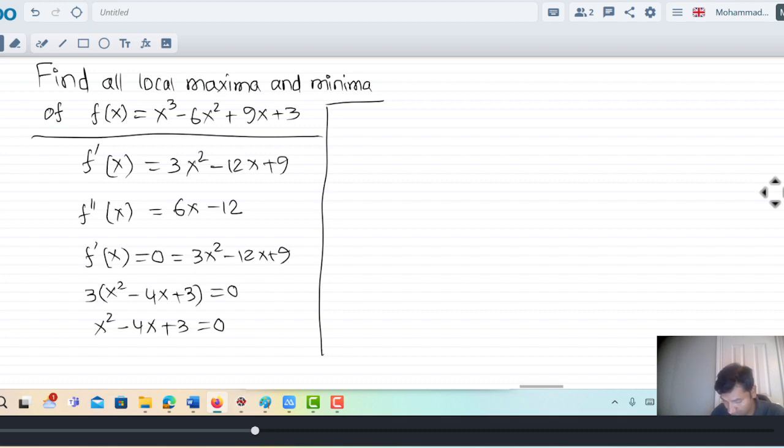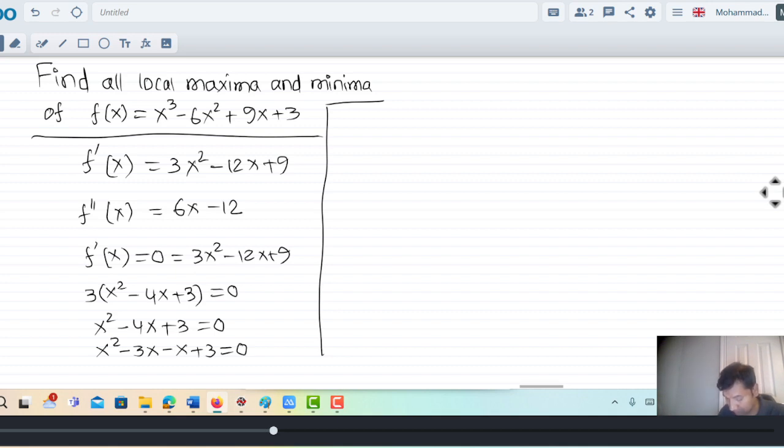Now, to find the x coordinates, we can simplify this as minus 3x minus x plus 3. How do we do that? You know about factorization from algebra, so we can factorize it.